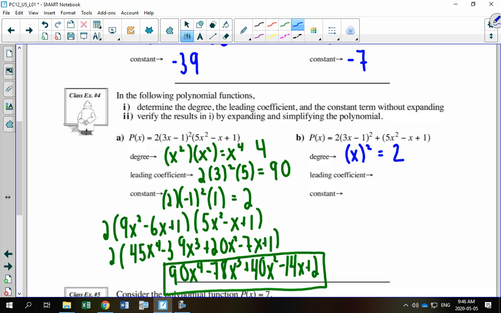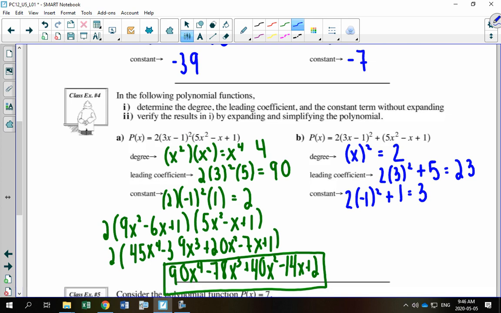And then for our lead coefficient, so we're going to go 3 and square it, and then times it by 2. And then we're going to be adding it. So the like terms would be that 5, which makes our lead 23. And then for the constant, we're going to go negative 1 and square it for that binomial, times it by 2, and then like terms with that trinomial, which will be the 1, which makes it 3.